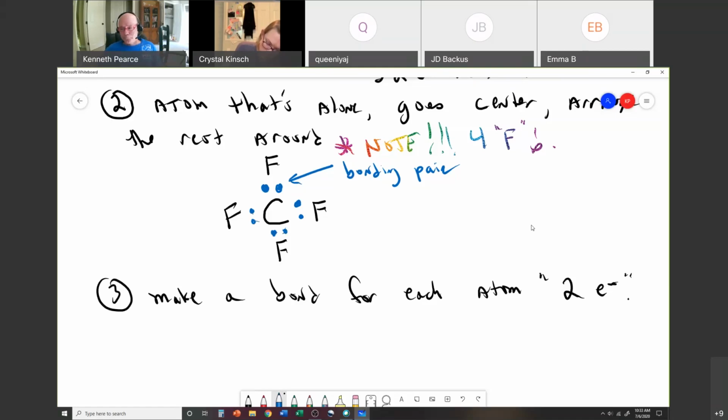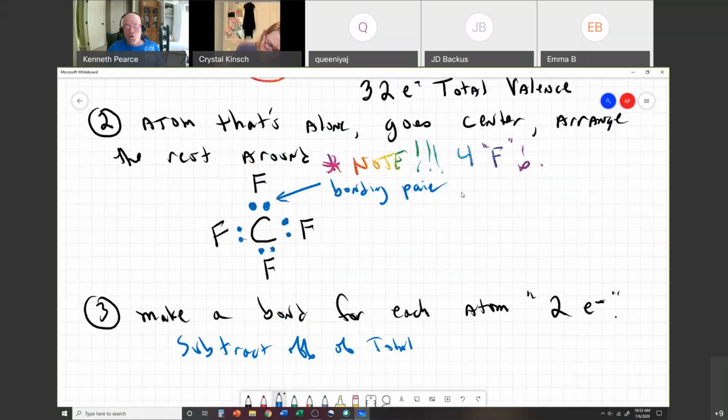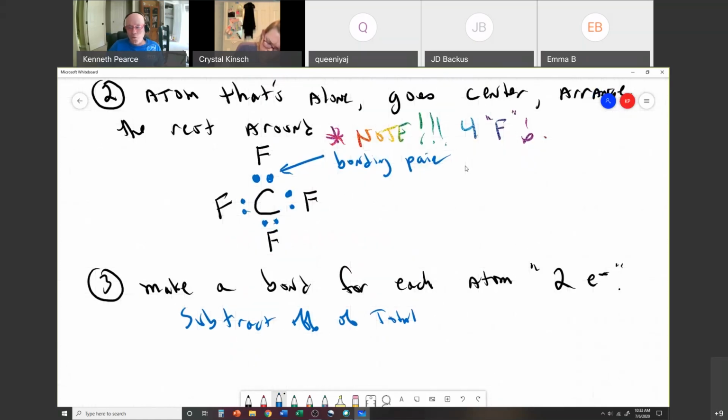And we're going to subtract off of total. All right, now what's the total? Well, the total we started out with was 32 electrons, okay? So we have 32 electrons total, which I just copied down here.